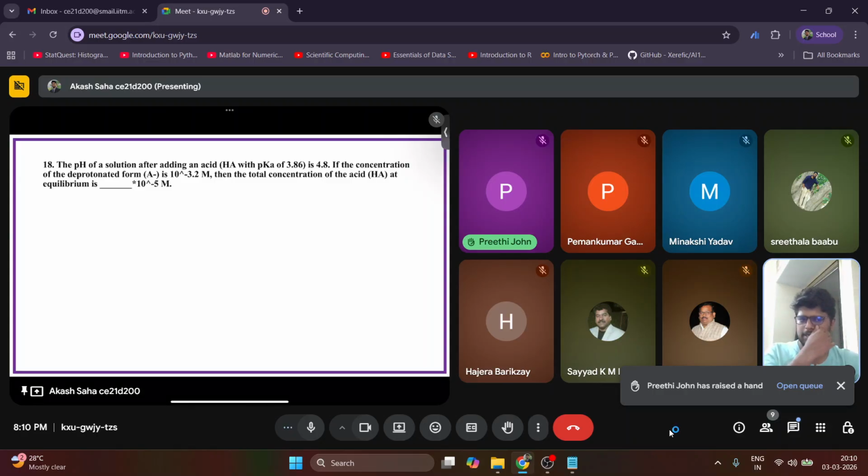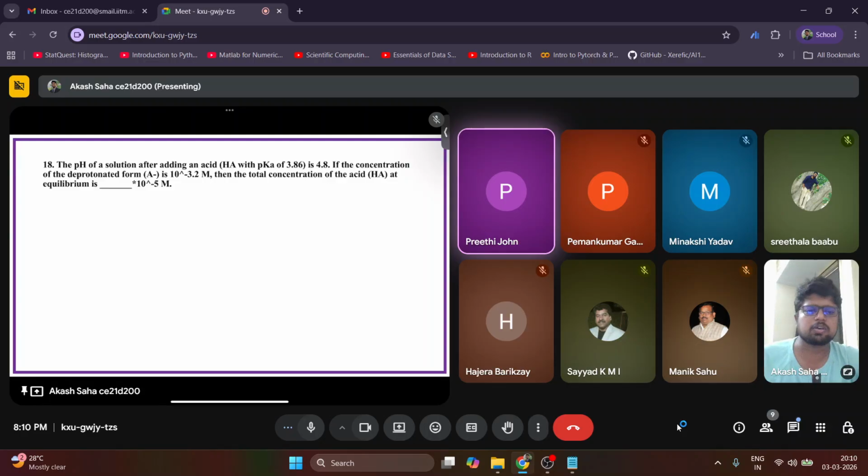Coming back to this problem, the pH of a solution after adding acid, denoted by HA, is 4.8. The pKa value is given for the acid, that is nothing but the dissociation constant. If the concentration of the deprotonated form, that is A minus, is 10 raised to power minus 3.2, then the total concentration of acid at equilibrium is?